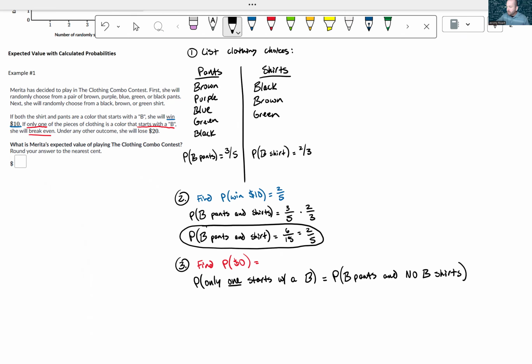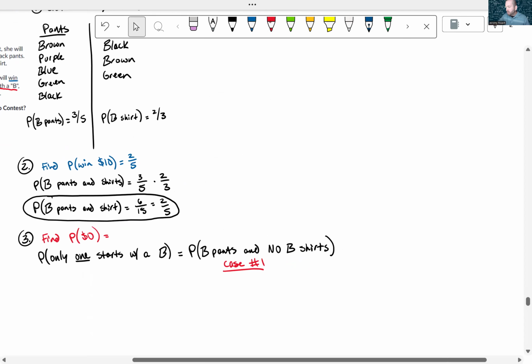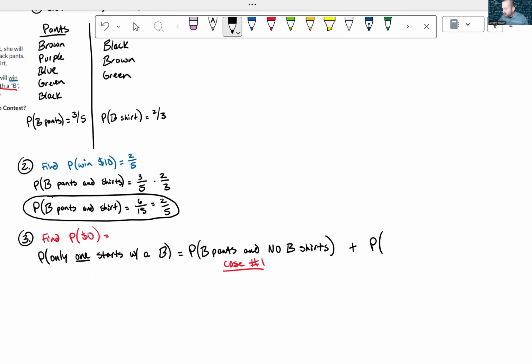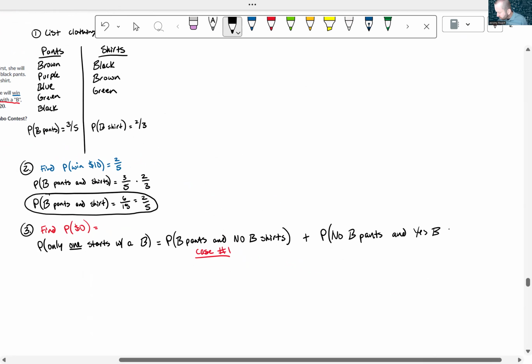That's our first way that we can have only one of these starting with a B. I'm going to call this case number one. Case number two is just the opposite. Case number two is the probability that she doesn't have pants that start with a B, and she does, I'm just going to say yes, B shirts. She does have shirts that start with a B. That's case number two.